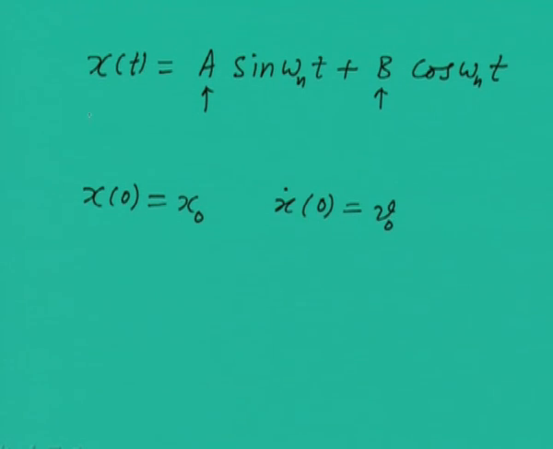So if you substitute for this, maybe you can first take the derivative of this once, so that we can get the velocity component also.